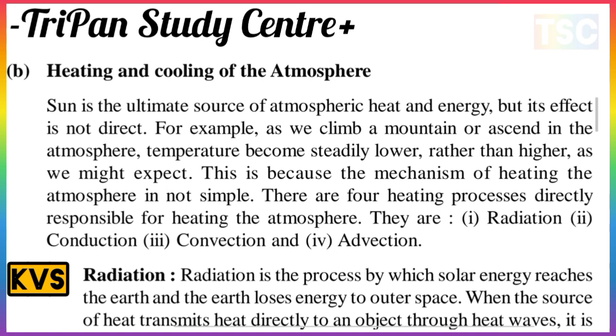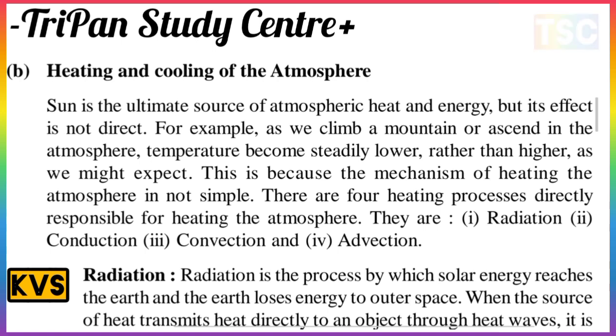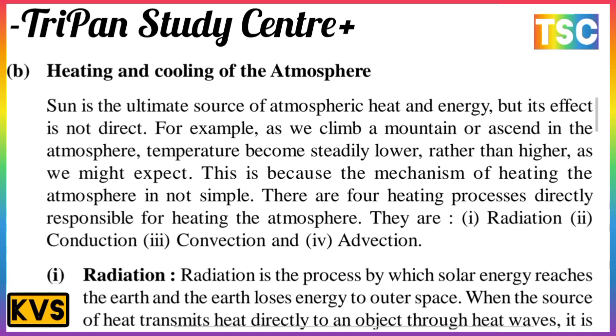This is because the mechanism of heating the atmosphere is not simple. There are four heating processes directly responsible for heating the atmosphere, and they are radiation, conduction, convection and advection.